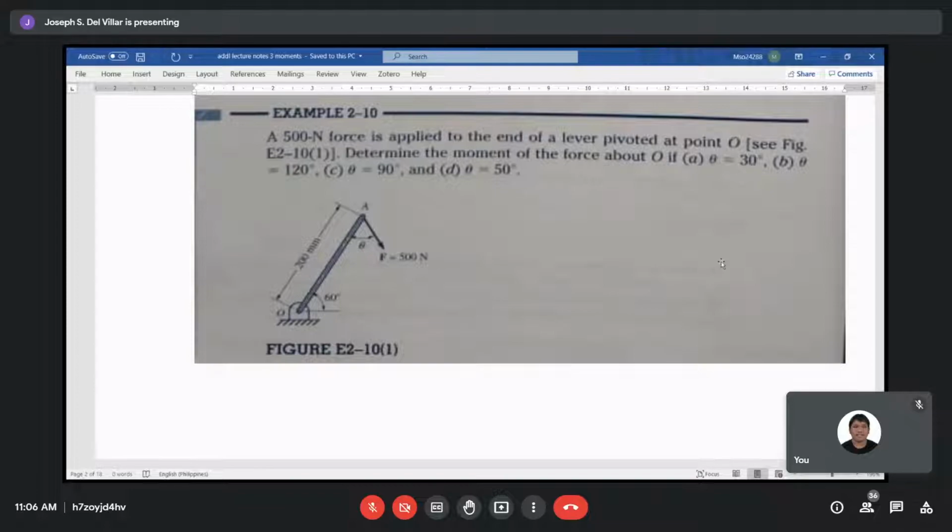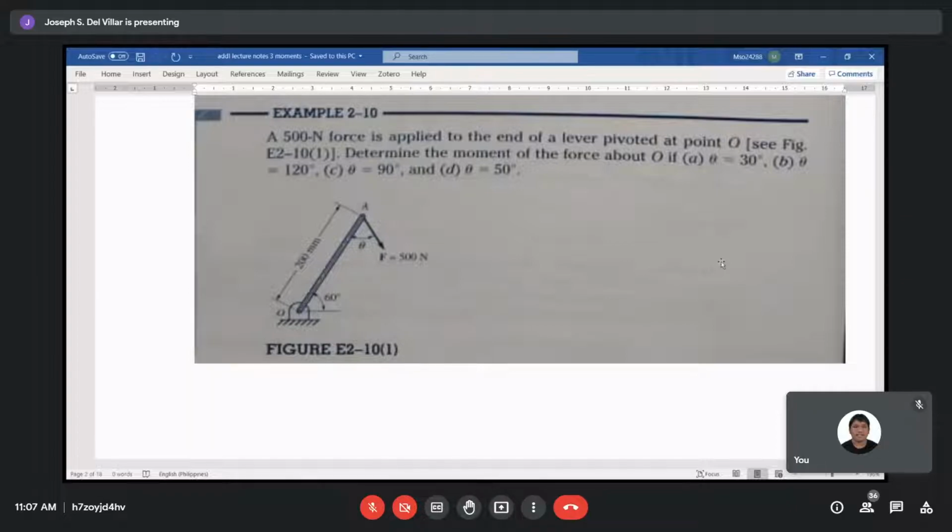So that is the principle. The line of action of the force must always be at right angle. Otherwise, o dito, letter C lang ang nagsasatisfy. Di ba?